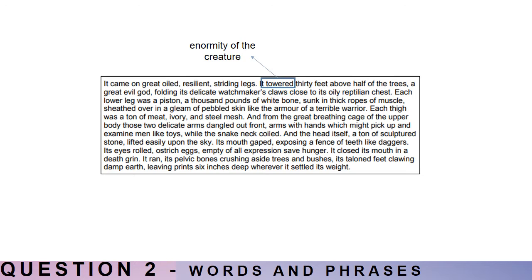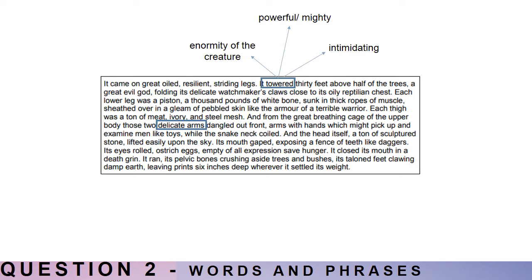It's quite colossal, it's huge, making it very powerful and very mighty, which for a reader creates a sense of the creature being quite intimidating. So we're thinking about what the word means and the effect that it has on the reader.